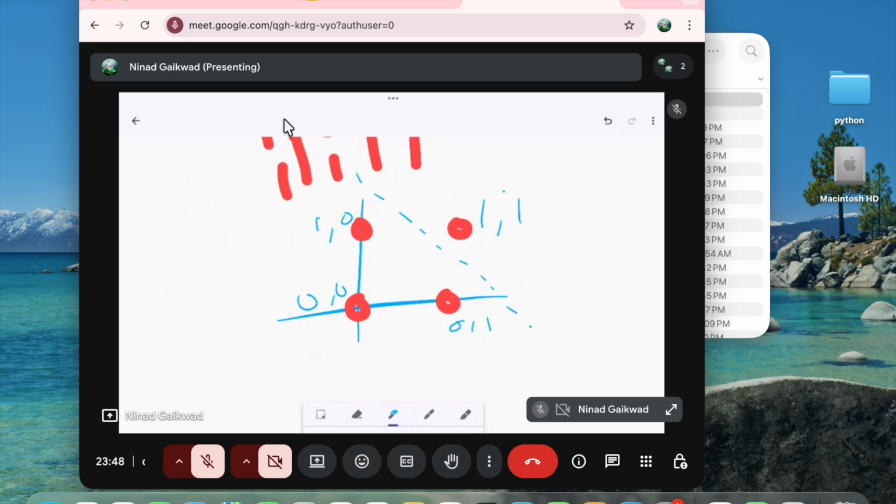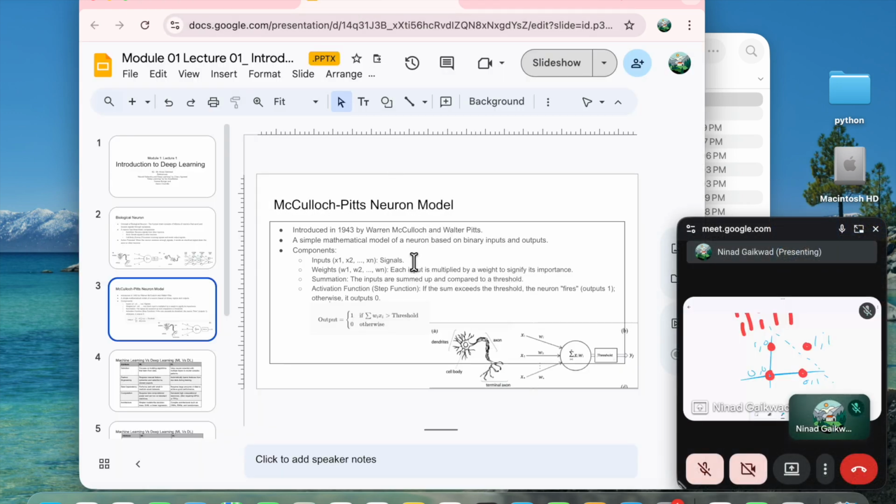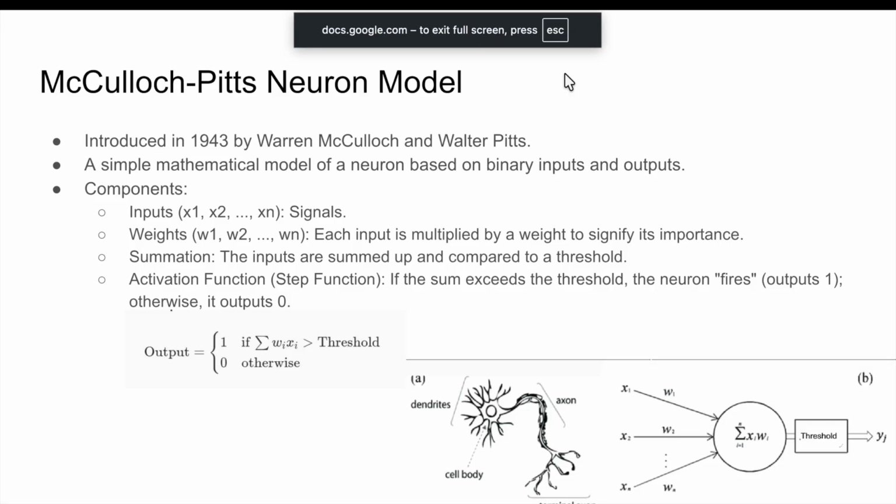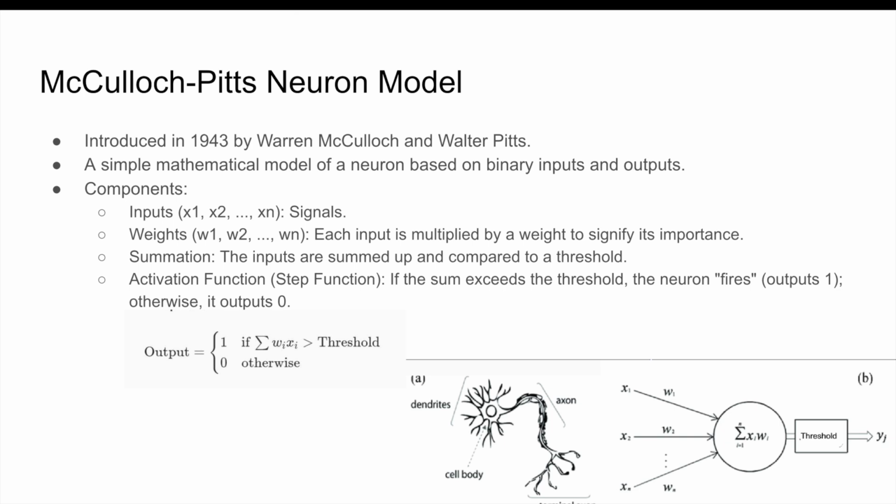Such problems are called linearly separable problems, and they can be solved by the McCulloch-Pitts model. But it cannot solve problems which are not linearly separable. Now, which might that be? That is the XOR gate.